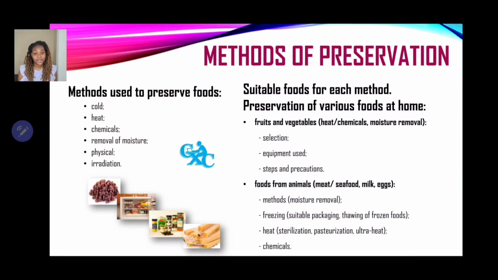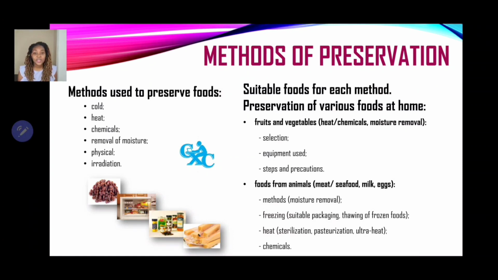Different content areas that fall under this section are the methods used to preserve food, such as cold preservation, and we may refer to what? The refrigerator, the freezer. We speak of heat, where we may speak of sterilization, canning, bottling, pasteurization.